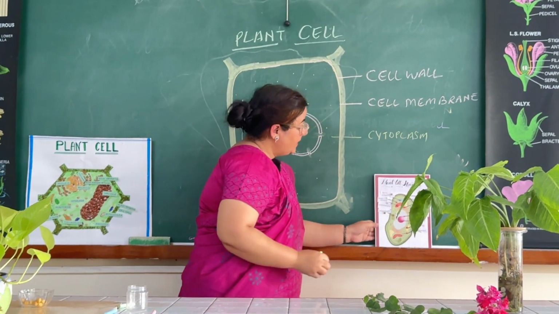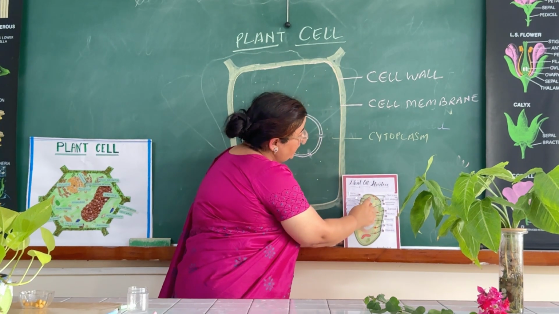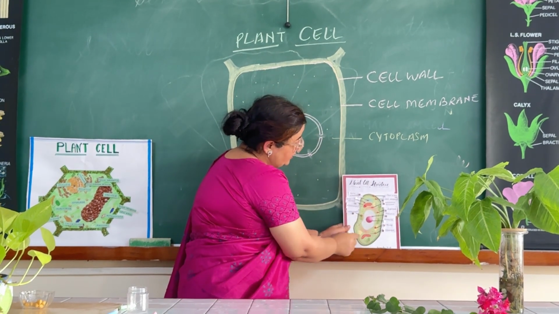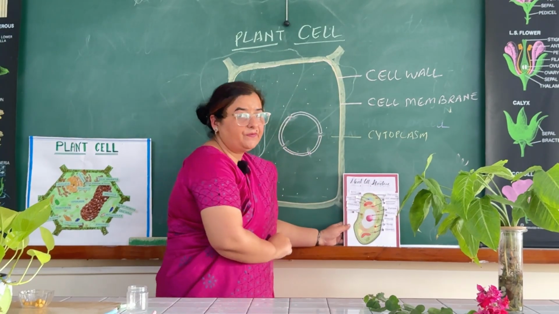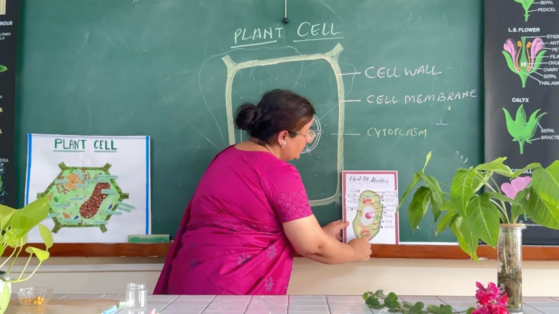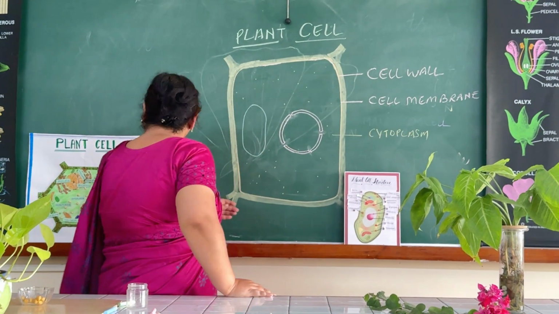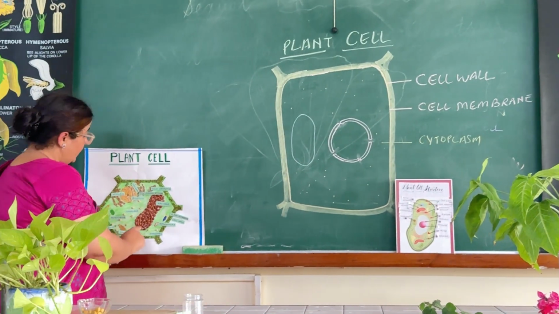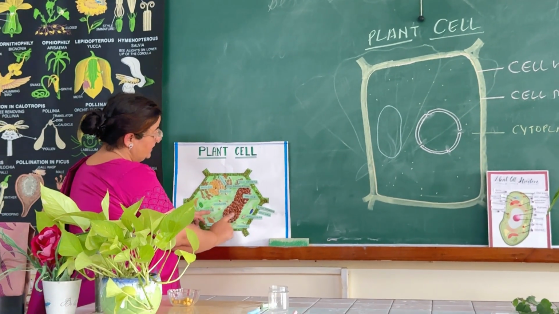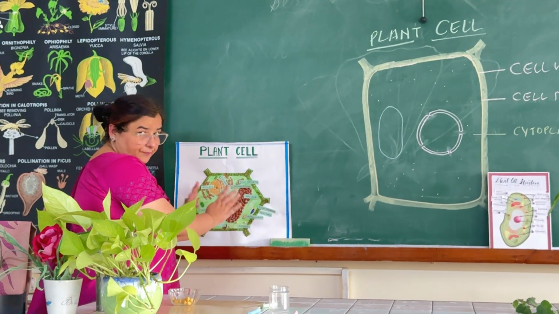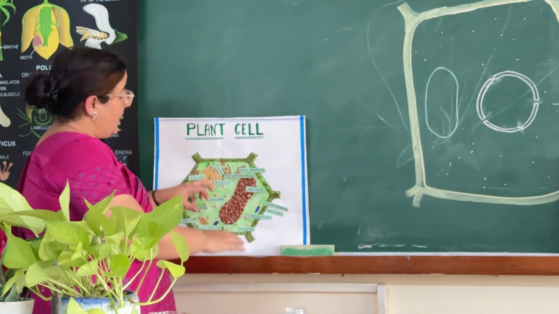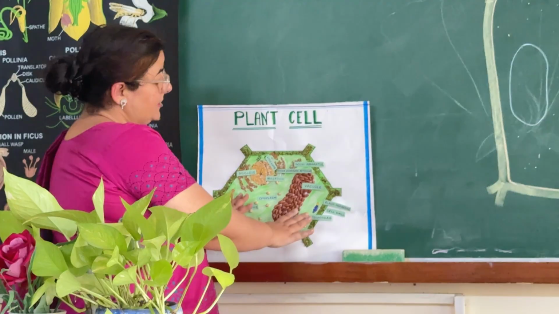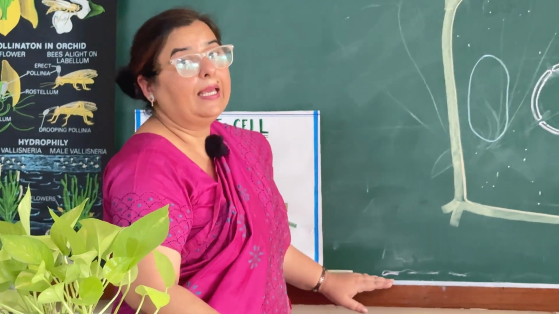As you can see in this model also, this green fluid-like structure which is forming the base of the cell is known as cytoplasm. In the cytoplasm, all the cell organelles are lying.